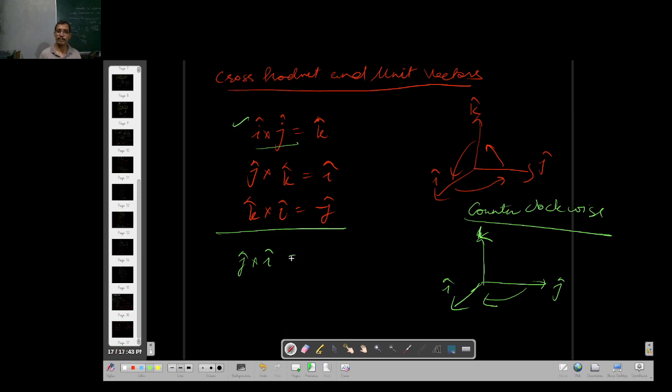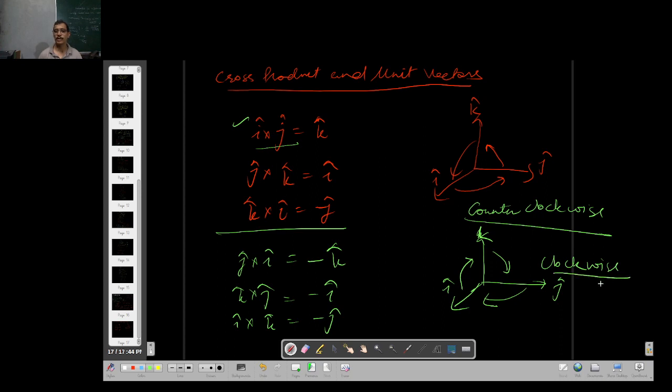So I am getting minus k. Similarly, k cross j gives minus i. And similarly, i cross k gives minus j. So here it is the clockwise order.